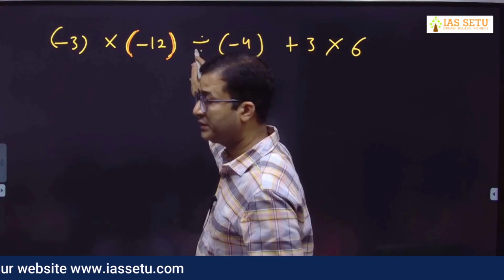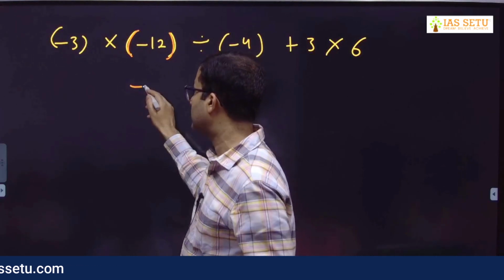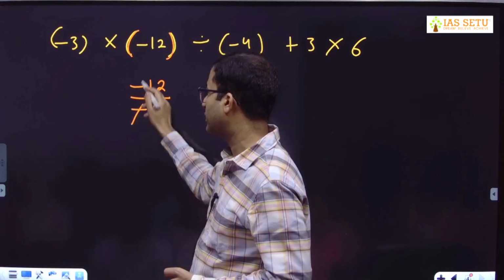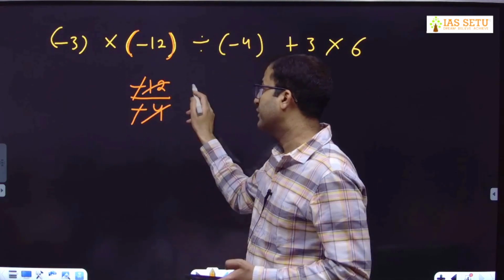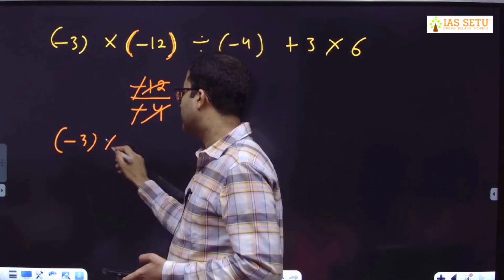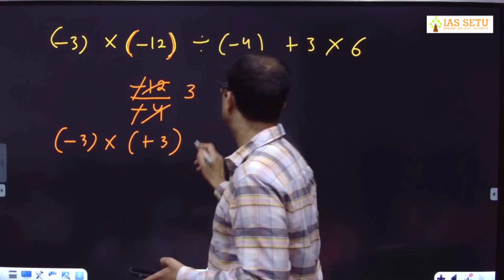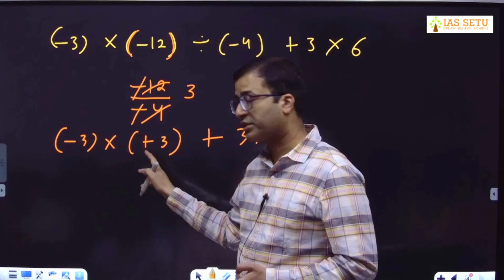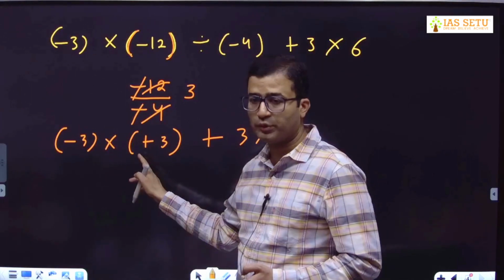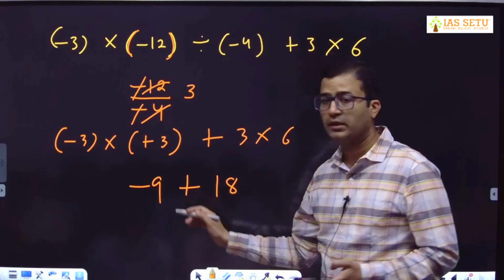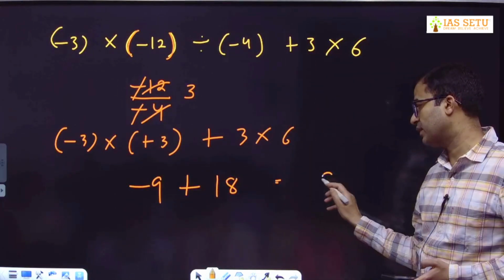So we have a division, let us solve this division first. Minus 12 divided by minus 4. Negative negative cancel, it gives you 3. Then it is minus 3 multiply with plus 3 into 6. So it will be 3 into 3, 9, negative into positive, negative: minus 9 plus 18. So overall your answer will be plus 9.